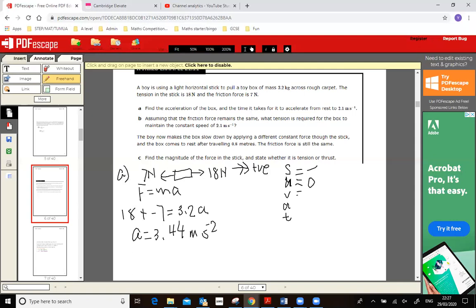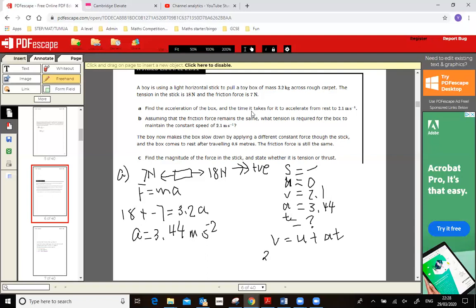Do I know my final velocity? Yes, we come up to 2.1 meters per second. And we have just worked out the acceleration is 3.44. The time is something we're looking for, so let's put a question mark. I'm looking for a SUVAT formula which does not involve the S, so the one I'm going to use will have to be V equals U plus AT.